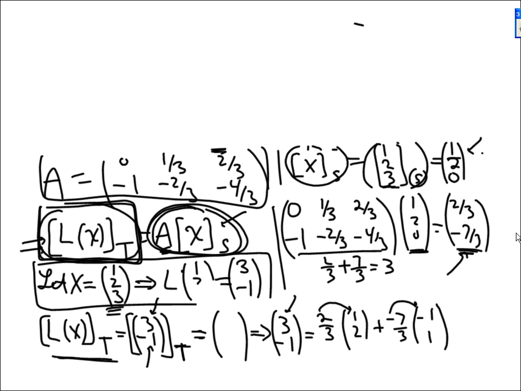And the bottom one is going to be 2/3 times 2, which will be 4/3, plus negative 7/3 times 1, which would be negative 7/3, which is negative 3 over 3, which is negative 1. So it turns out that the coordinates of the vector (3, -1) with respect to T is in fact (2/3, -7/3).